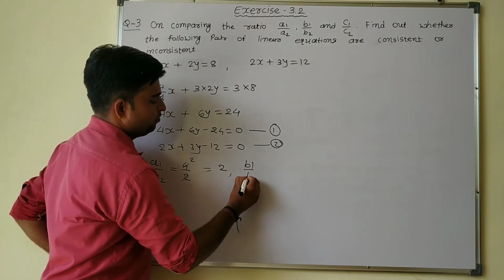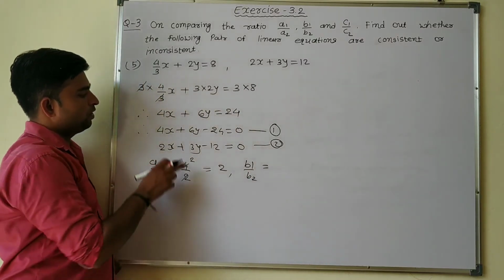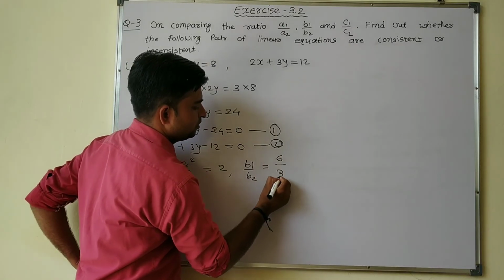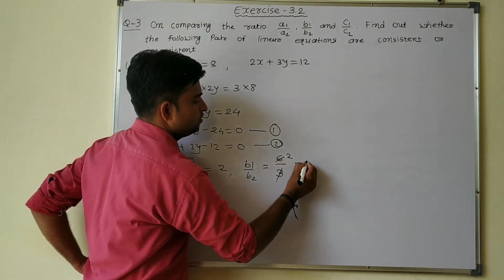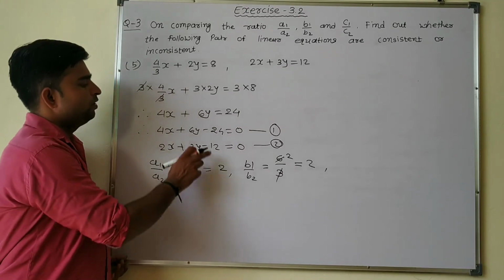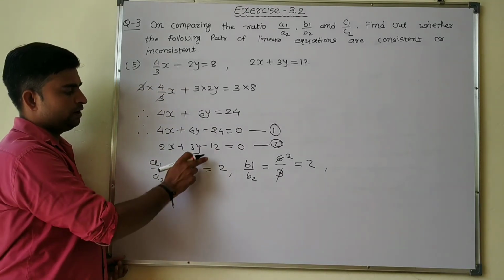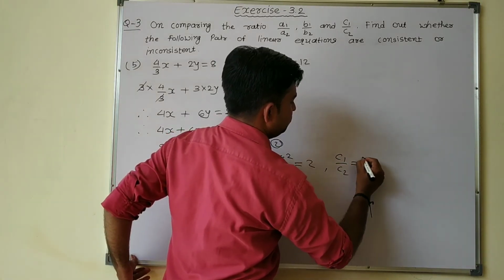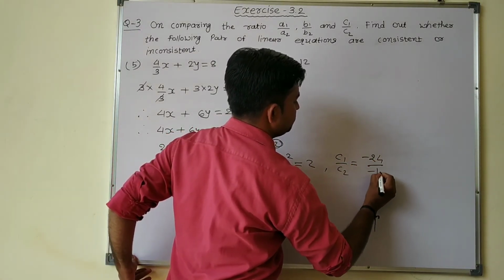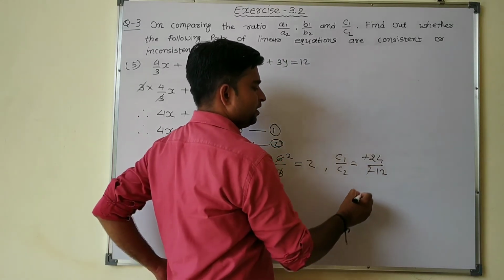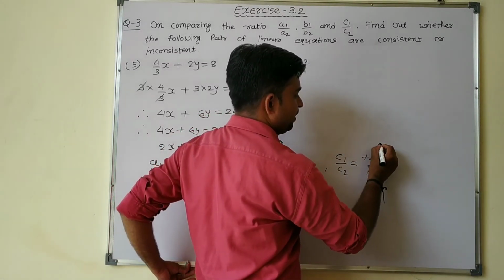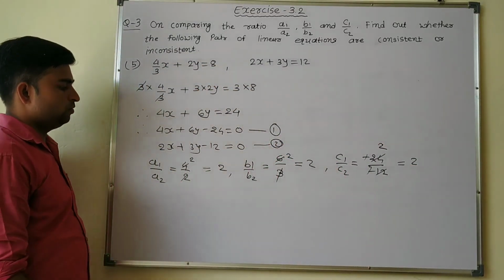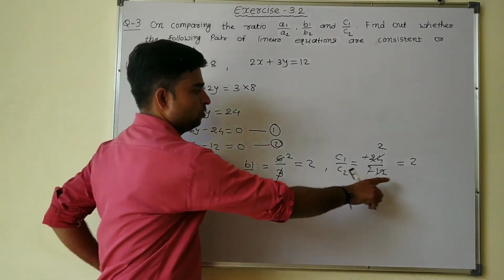Then the second ratio B1 upon B2. From here B1 is 6 and B2 is 3. 6 upon 3. Again 3 2s are 6, so the answer will be 2. Now C1 is minus 24 and C2 is minus 12. So C1 upon C2 is equal to minus 24 upon minus 12. Minus minus will be cancelled and 12 2s are 24. So again the answer is 2. So here in all the ratios we get the answer 2.